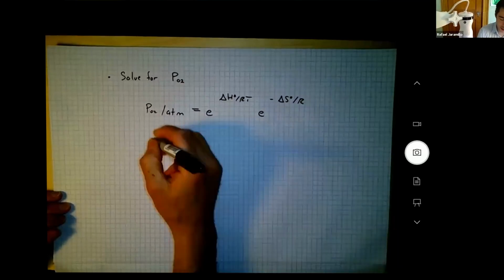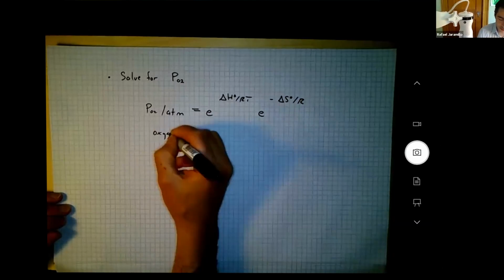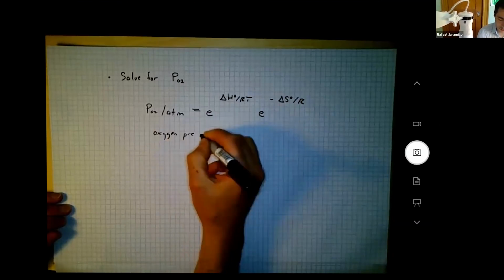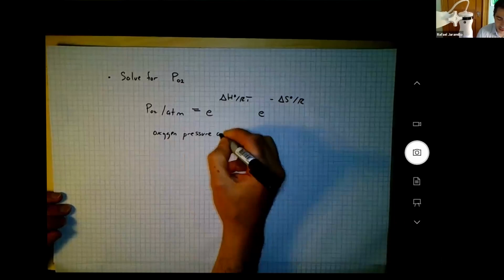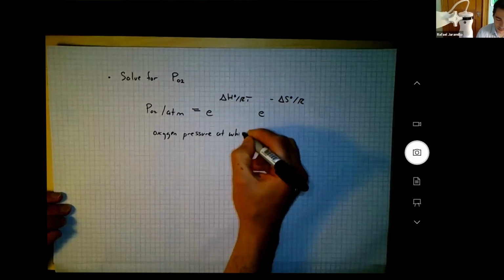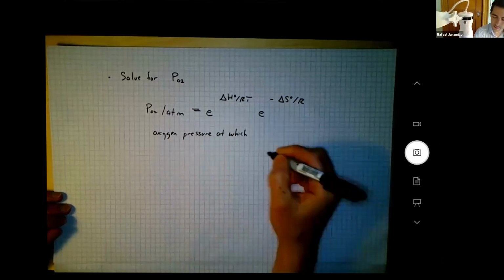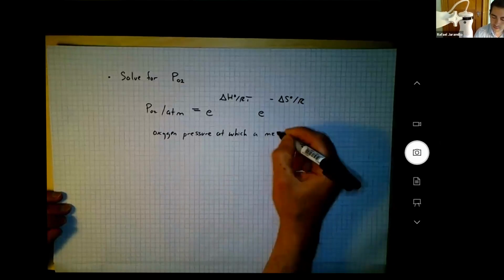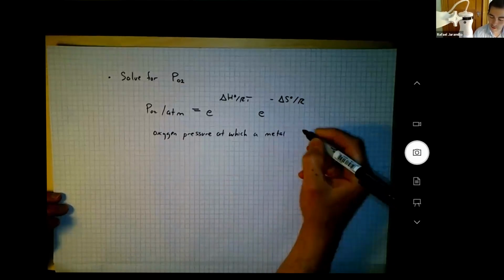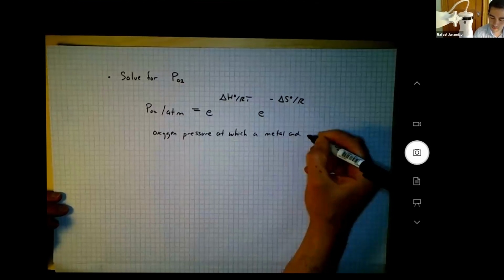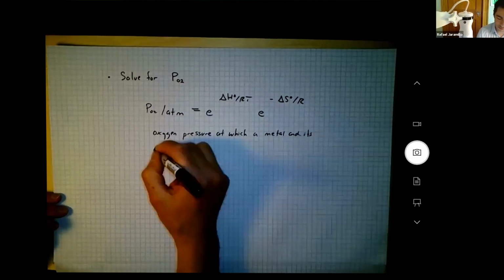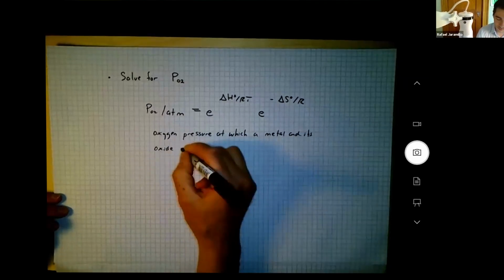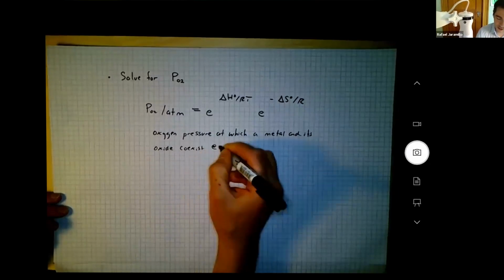This is the oxygen pressure at which a metal and its oxide coexist at equilibrium.